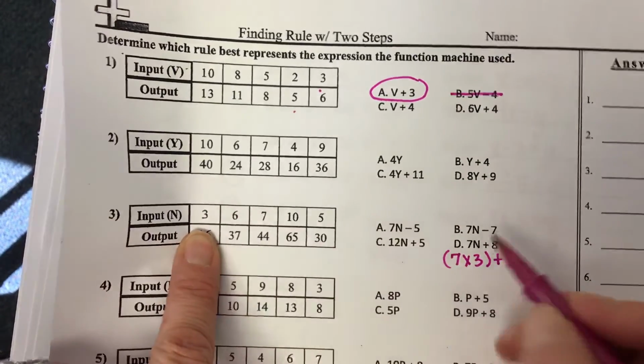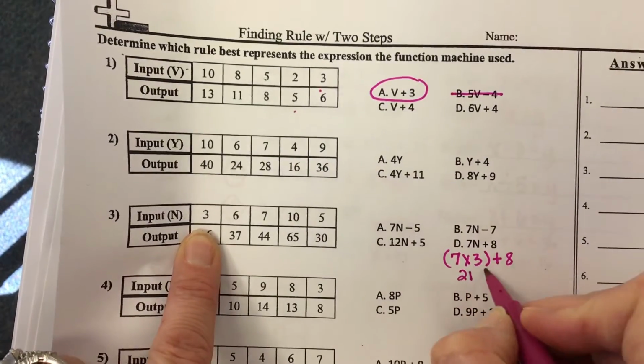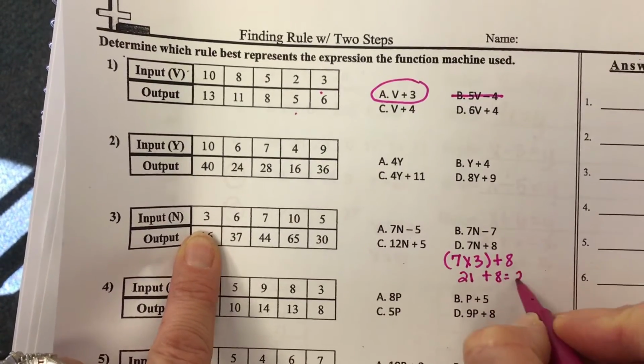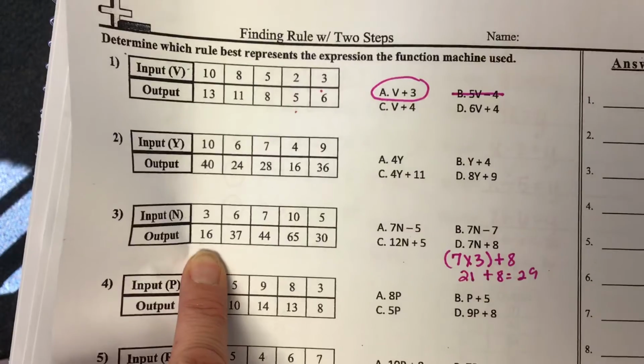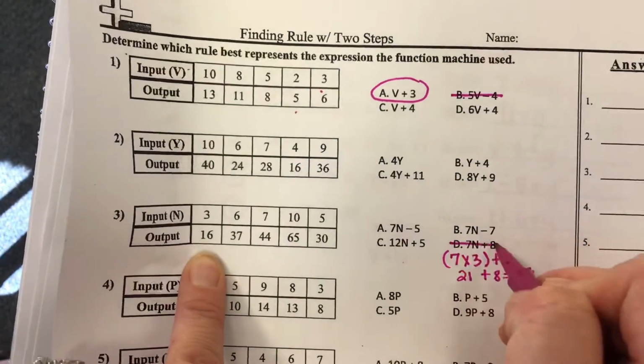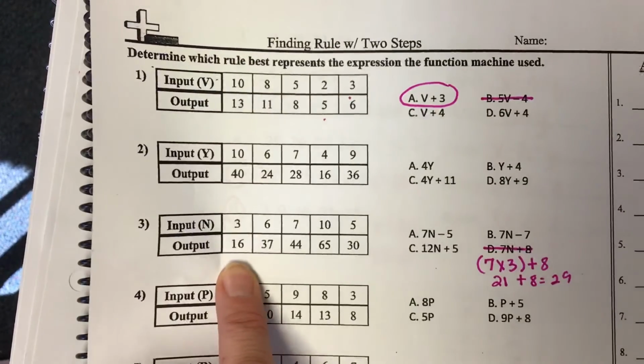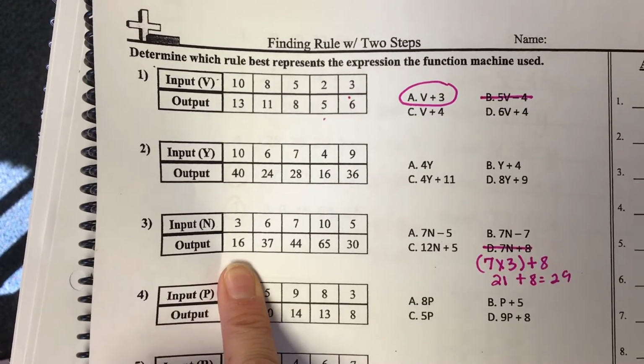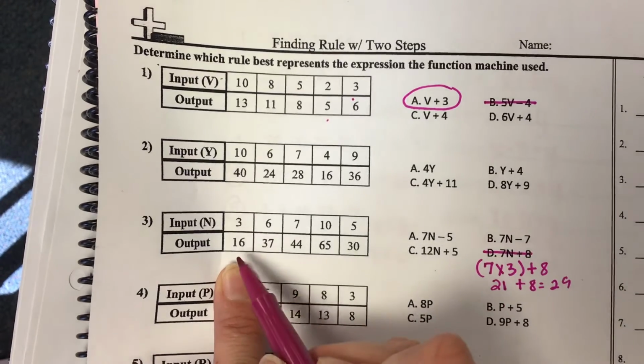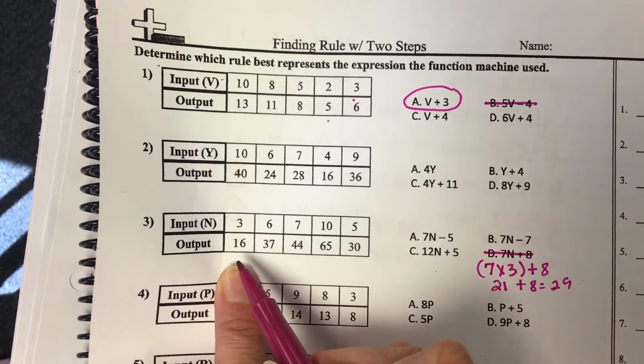That's my n. So that would give me 21 plus 8, which equals 29. Is that the rule? No. What do I need my answer to be for it to be the rule? What will my answer be if it's the rule? Nolan: 16. My answer would be 16 if it's the rule.